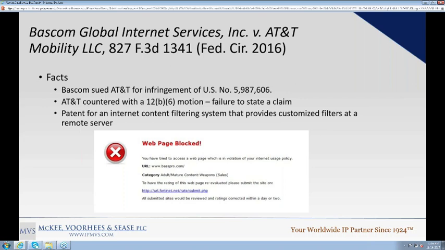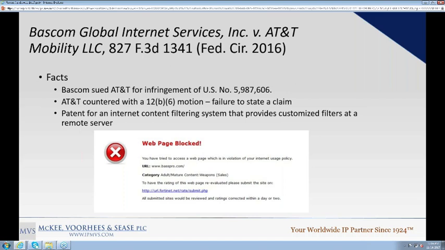And I put this little web page blocked snip up here because that's the technology that was at issue. It was a patent related to internet content filtering, providing customized filters. So it's not just for malware. Maybe a lot of places historically wanted to try to prevent malware or viruses, risky websites. So you might have blockage for that.